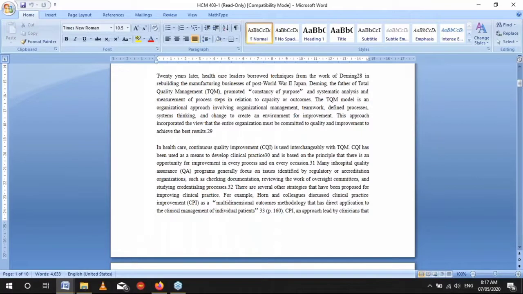Number one, the use of standard device methods, with the explanation that treatment delivery should be based on medical conditions, while the second one is patient-centered care.